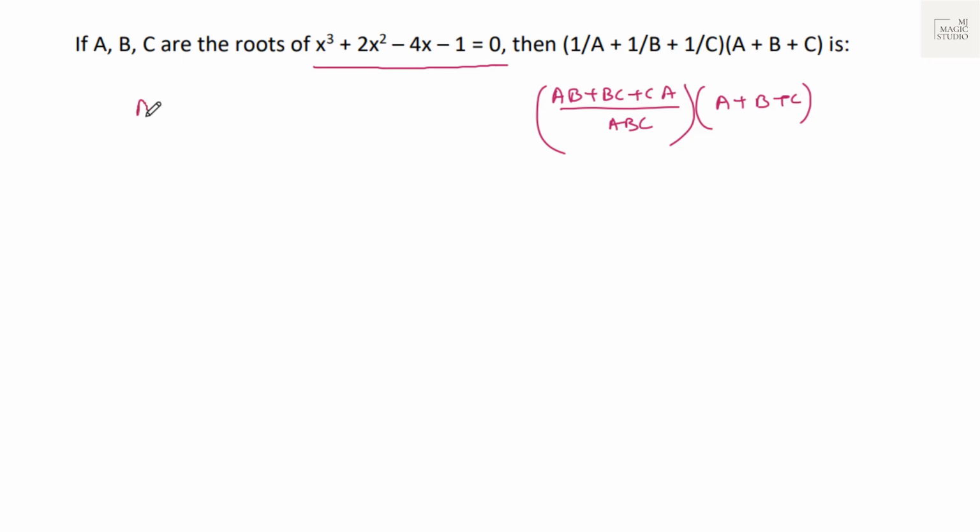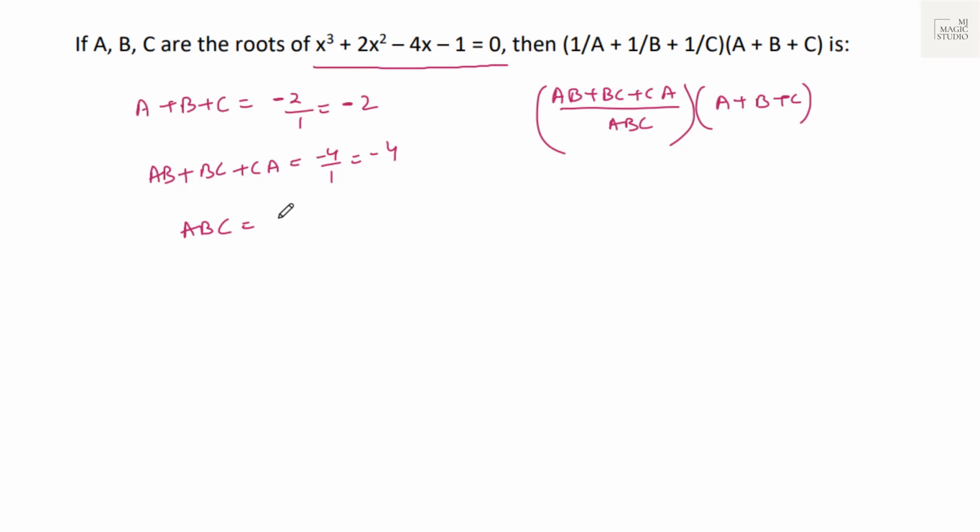Sum of roots is given by minus b by a. Minus 2 by 1, that is minus 2. Sum of roots taken 2 at a time in product format is given by c by a. Minus 4 by 1, that is minus 4. And product of roots is plus minus plus minus, minus d by a.